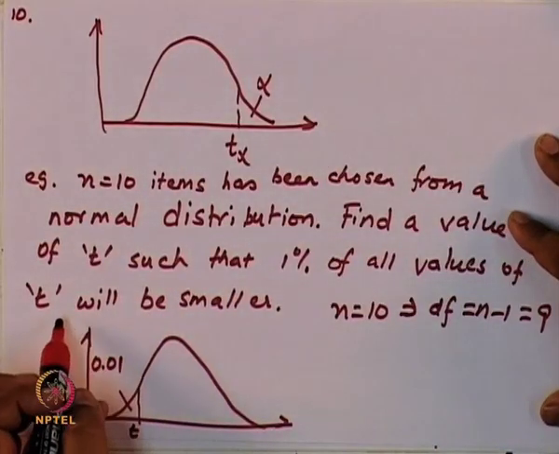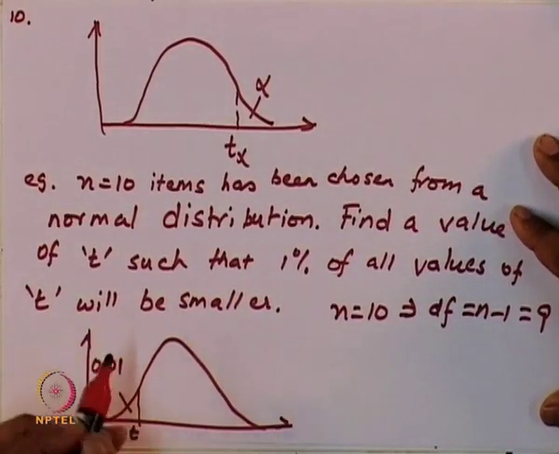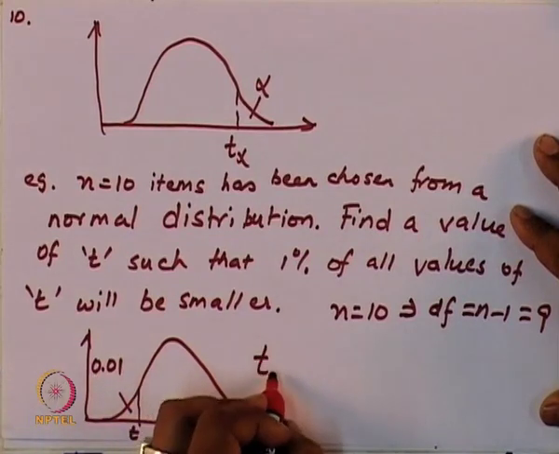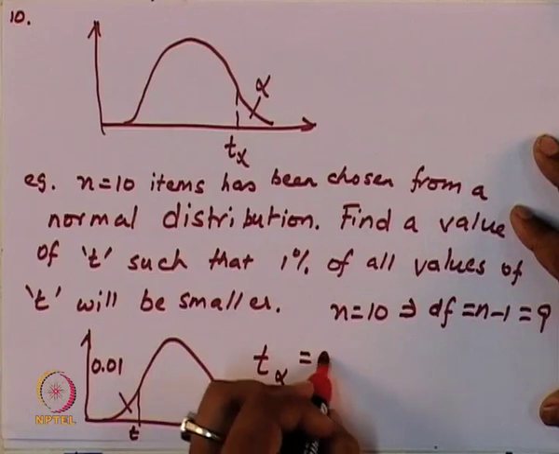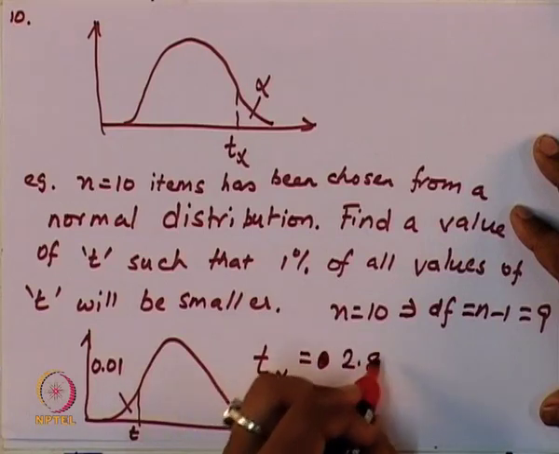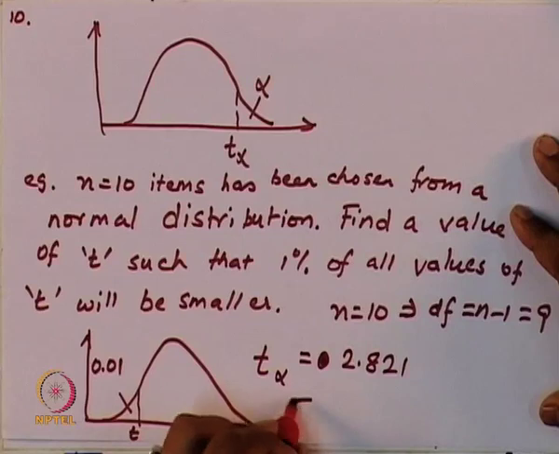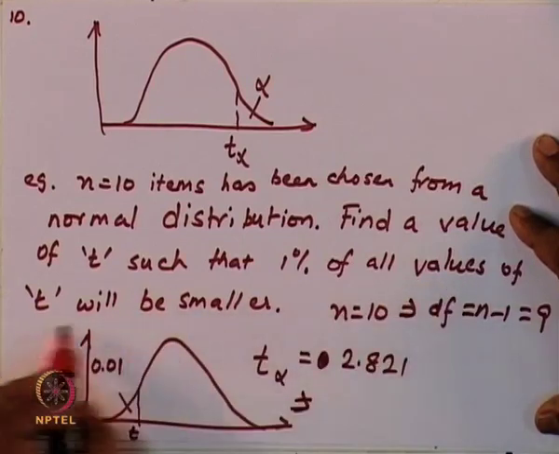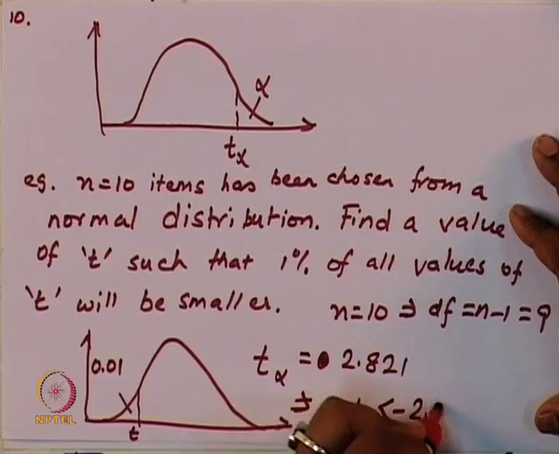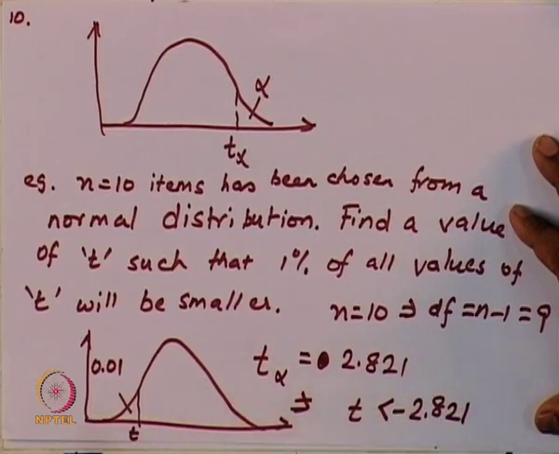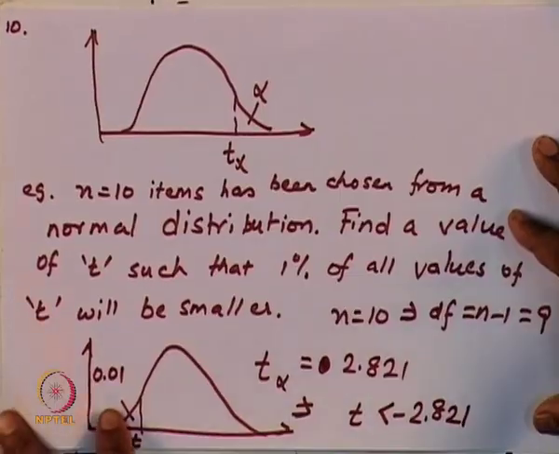Since we need all the other values to be smaller, let us say this t of alpha comes out to be 2.821. Implying, since all our other values have to be smaller than t, then t has to be less than minus 2.821. So, that is how you would do it.